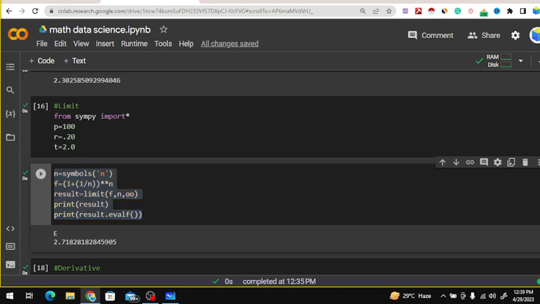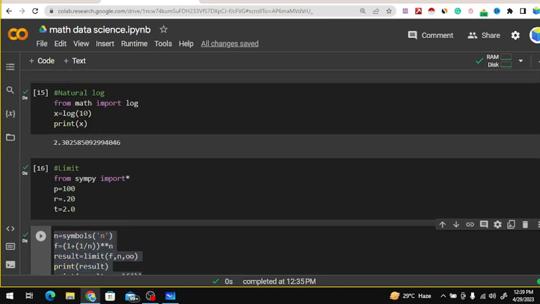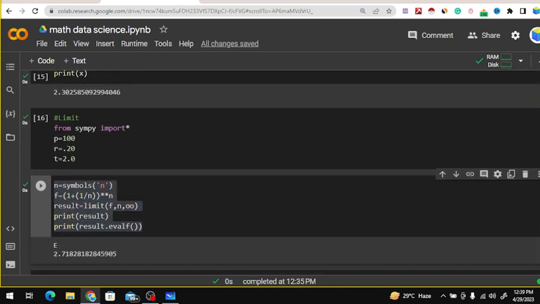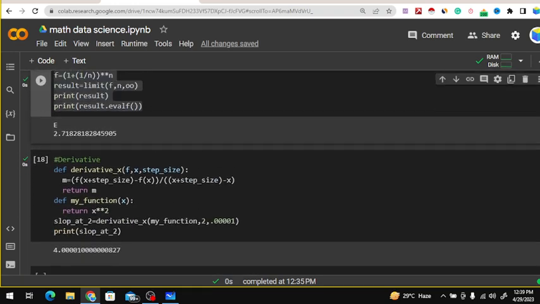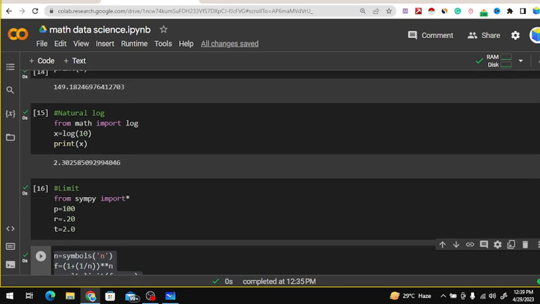I have also already written one more, the derivative steps, the natural log, and limits. Look here. This is the way we can write our output.